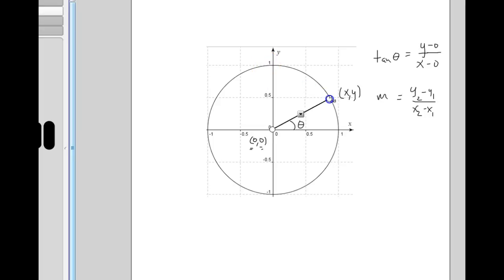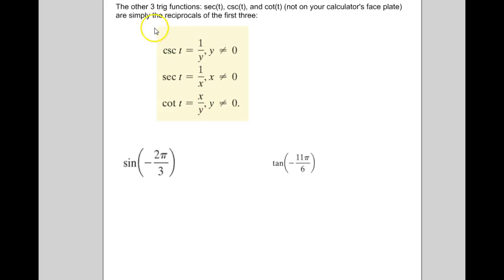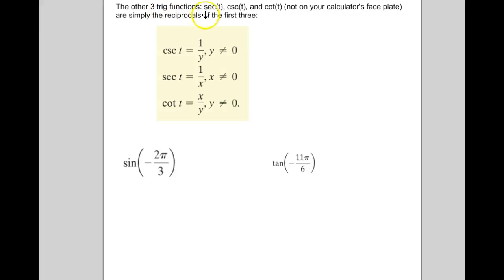Remember x and y coordinates: cosine, sine, slope is tangent. Now, what about the other three trig functions? I call them the other three because they're not on the faceplate of your calculator. Sine, cosine, tangent are on there. The other three are not. They're just the reciprocals of the first three.